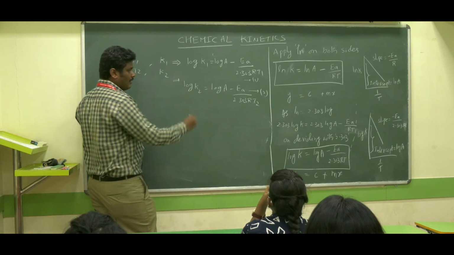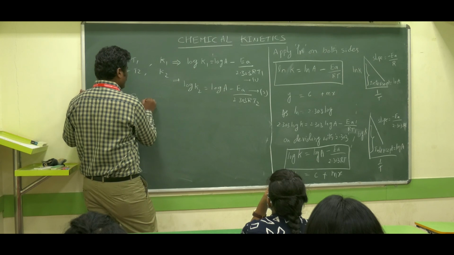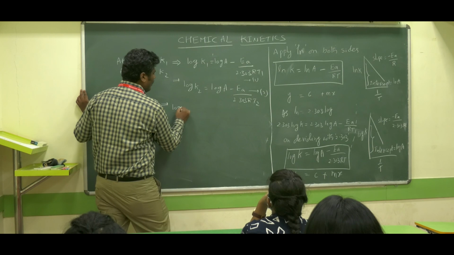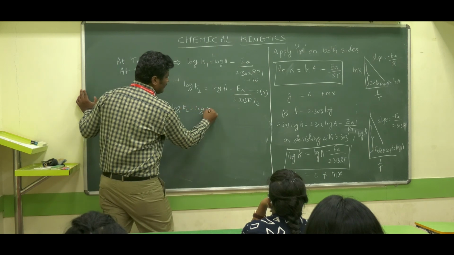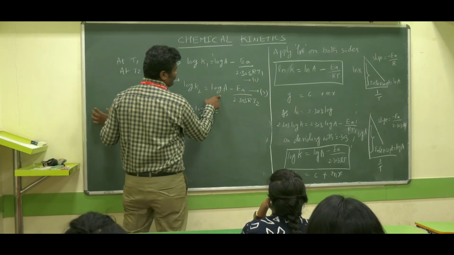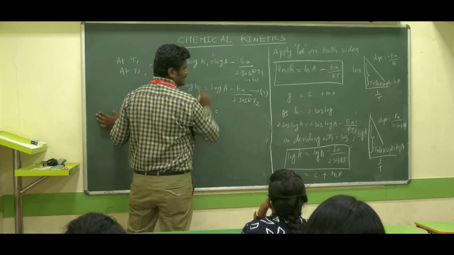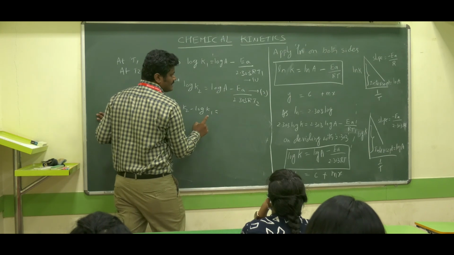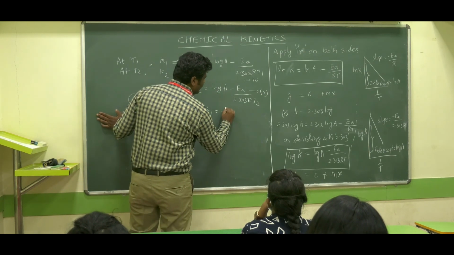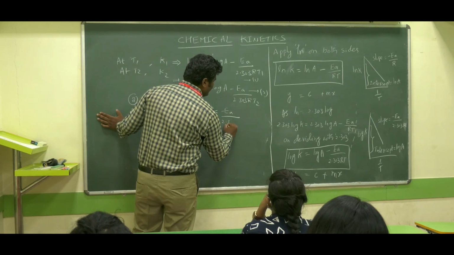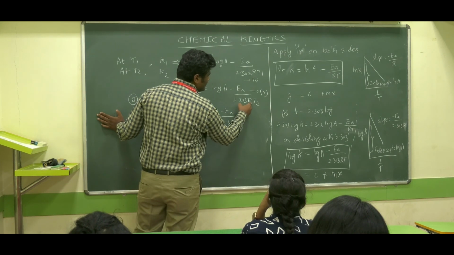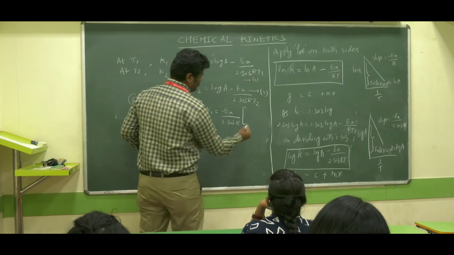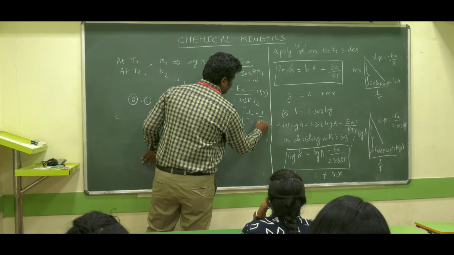Now if you take equation 2 minus 1, you get log K2 minus log K1 equals, so log A minus log A gets cancelled out. You have only minus Ea by 2.303 R, which is common, into 1 by T1 minus 1 by T2.